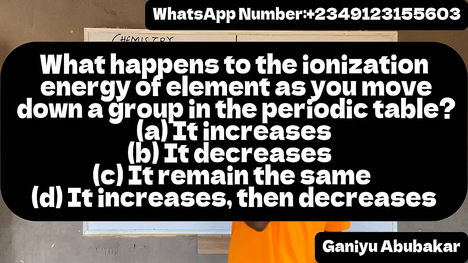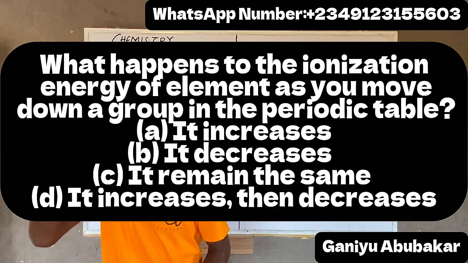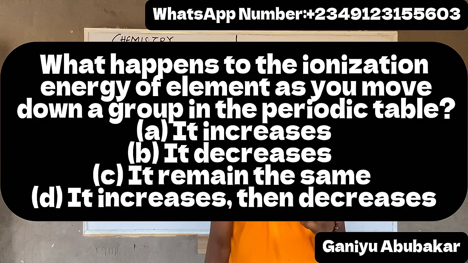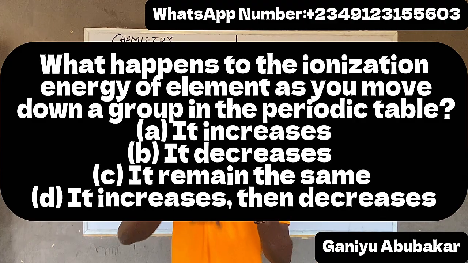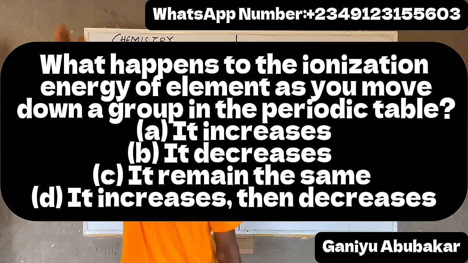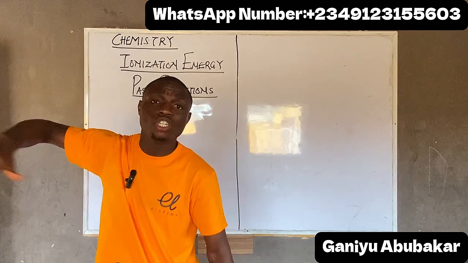We said across the period, IE increases. Down the group, IE decreases, right? In this case, it was asking what happens to the IE of elements as you move down the group. So check your previous class, check the note there.